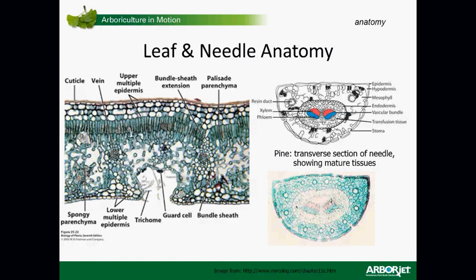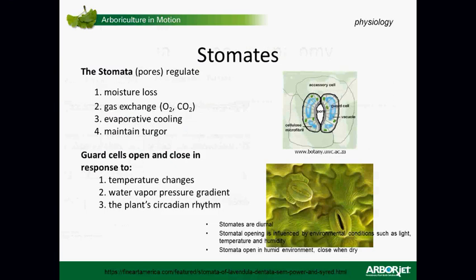An epidermis. And then there are parenchyma cells as a palisade and a spongy layer. Within those layers buried are the vascular tissues, xylem and phloem, and on the undersides are the stomates bounded by guard cells. And we're going to talk about some of this in detail today.